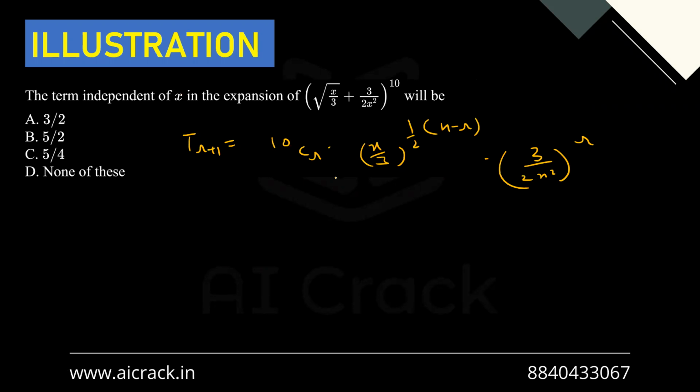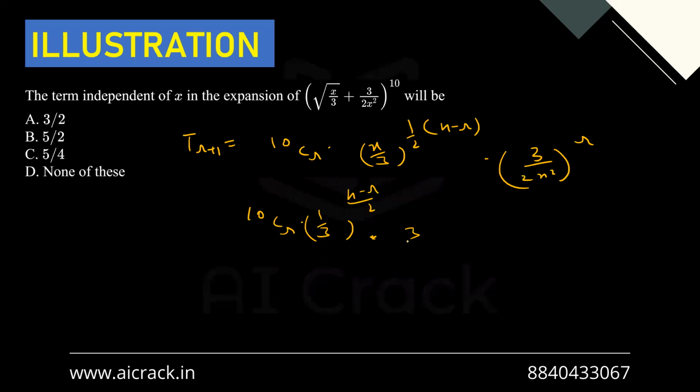So basically we have to add the powers of x and make them 0, right? So 10Cr times (1/3) raised to the power (n minus r) times x raised to the power (n minus r). I'll write the coefficient first, the constant terms first.